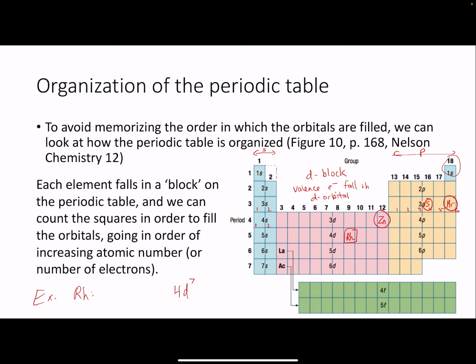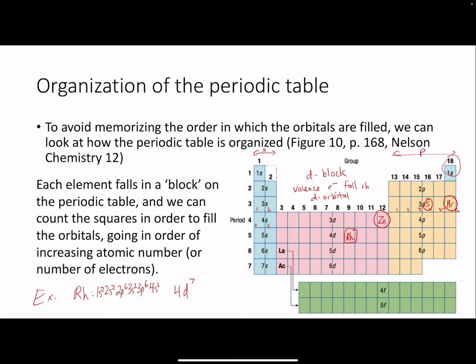So I'm going to fill all the orbitals up to that, knowing that they get filled in order. Right? So I would say 1s2, 2s2, 2p6, 3s2, 3p6. So I'm just reading the periodic table to tell me what order everything is in.